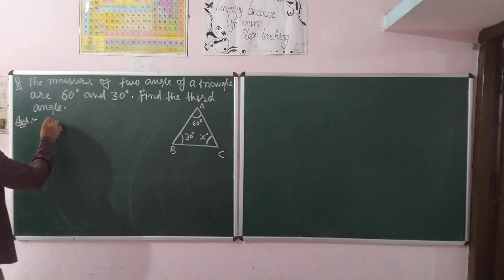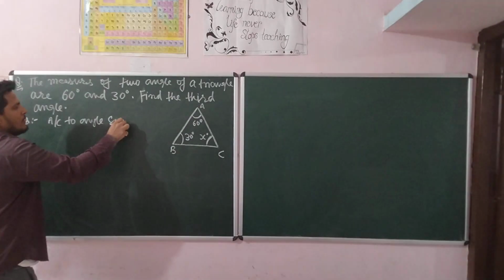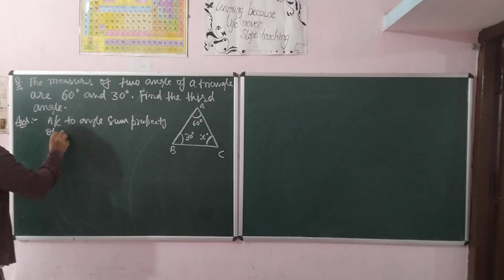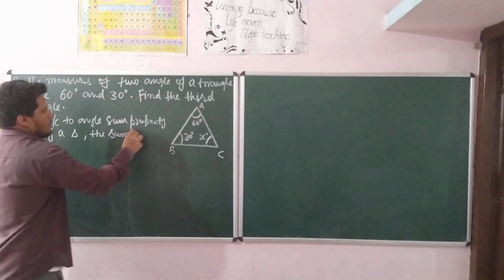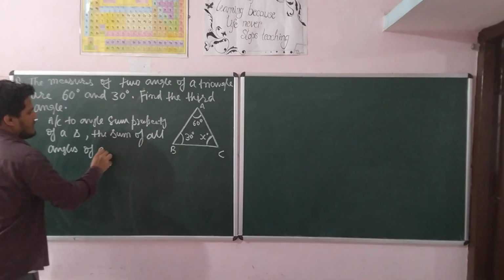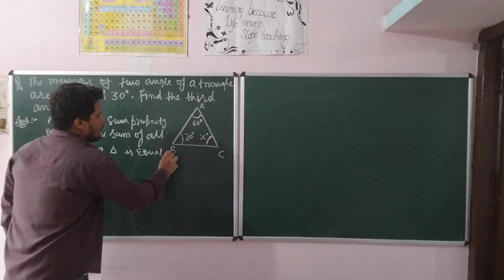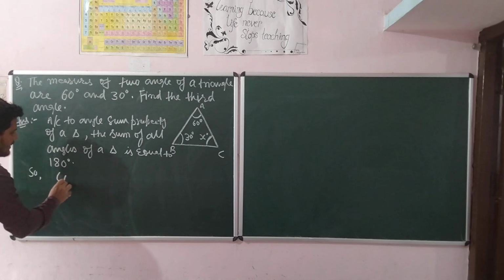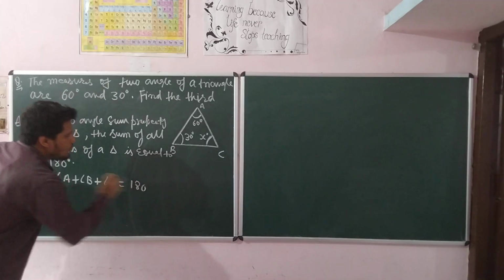So we have to write according to angle sum property of a triangle, the sum of all angles of a triangle is equal to 180. So angle A plus angle B plus angle C, that is equal to 180 degree. Okay.